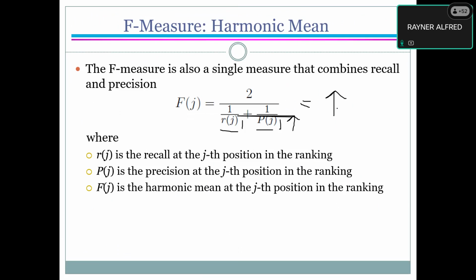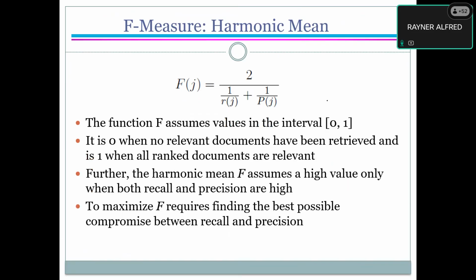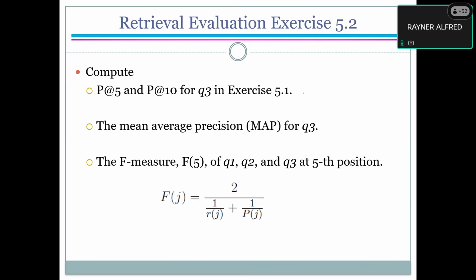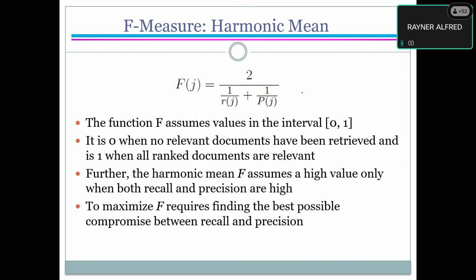Okay. So for example, at a certain position, we just have to mention the recall and precision, and we just plug in the numbers, and we get the F measure. Okay. So it says that the harmonic mean F assumes a high value only when both recall and precision are high.